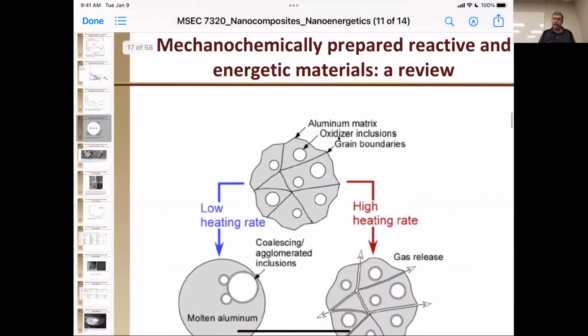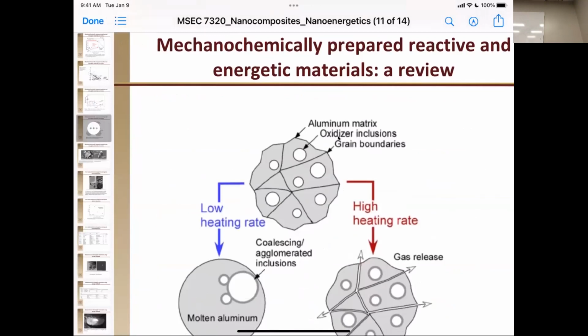Okay, so their idea of how this kind of works is that your grain as created is going to be a blend of your aluminum matrix right here, some of your oxidizers, and then there's going to be grain powders. Okay, and if you heat it up slowly to the point where the aluminum or the oxidizer melts, we're going to change the surface area now.